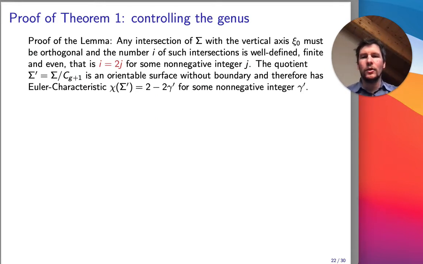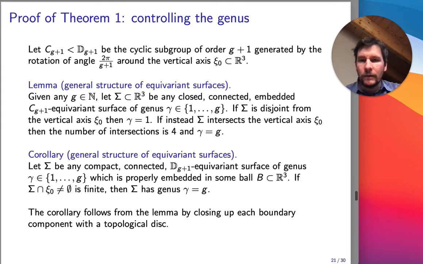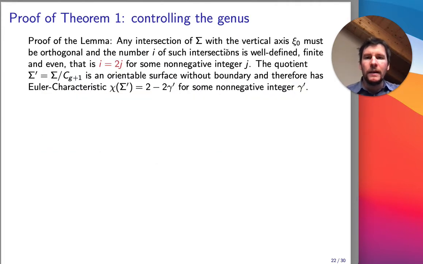So in the lemma, remember we have a closed, connected, embedded cyclic group equivariant surface, so every intersection with the vertical axis must be orthogonal because of the cyclic symmetry. And the number of these intersections is well defined, and it's finite and even, okay?